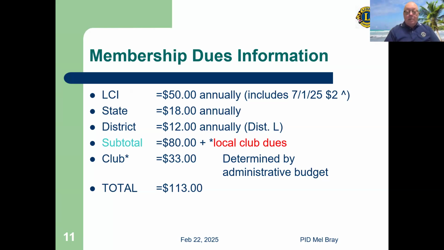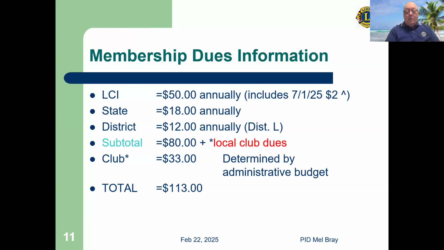The district, I believe, District J, I keep trying to call you D, is at $10, but whatever the number is, it's going to be with your cabinet secretary. And that may mean that your minimum dues, not including running anything in your club, would actually be $80.